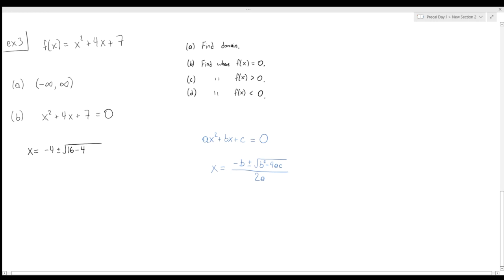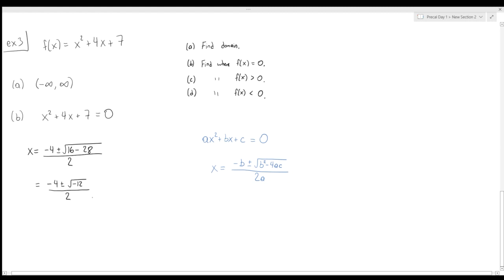Minus 4 times 1 times 7. So let's just make that 28. All over 2 times 1, so just over 2. So simplifying, that's negative 4 plus or minus the square root of negative 12, over 2.